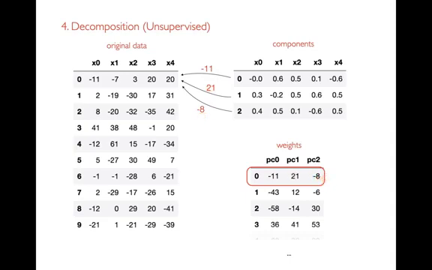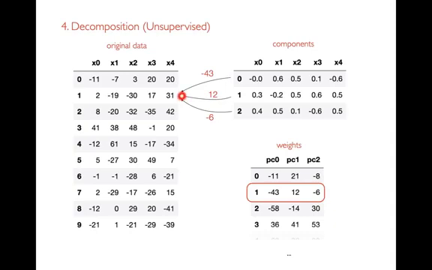And then for this next row down here, I'll do the same thing: -43 here, 12 here, and then -6 here. Since I'm putting these mixtures for every row down here, that means that if there are n rows over here, then there are also going to be n rows over here. If there are m columns over here, then there would be m columns over here.